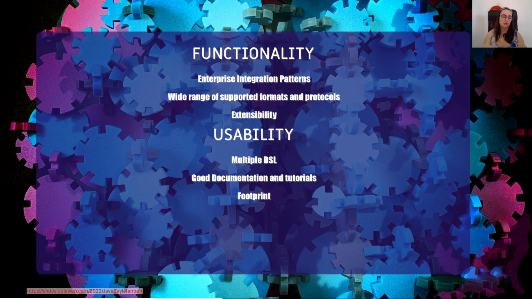It's important that your integration framework is not so heavy that it makes your architecture slow and expensive. So having a low footprint along with all the previous things we have mentioned is important.